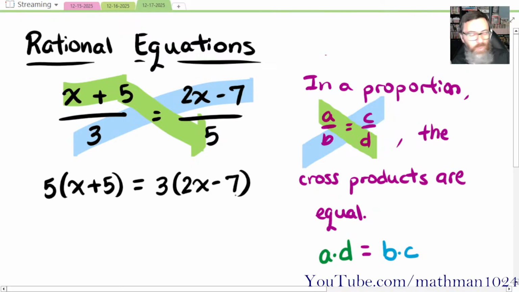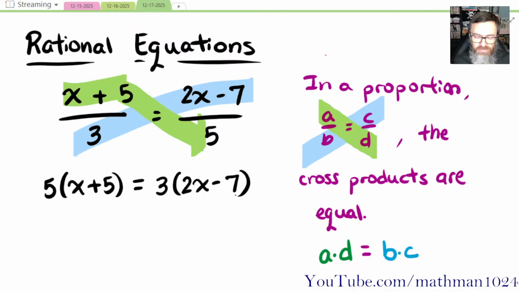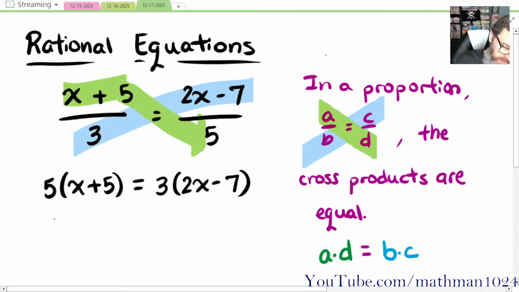So when we rewrite it this way, we no longer have big fractions to worry about. It's a nice, what should be a fairly easy equation. Now, right now, I can tell that this is going to be linear because I don't see that I have x times x or anything like that. So let's just go ahead and multiply and see what we have.